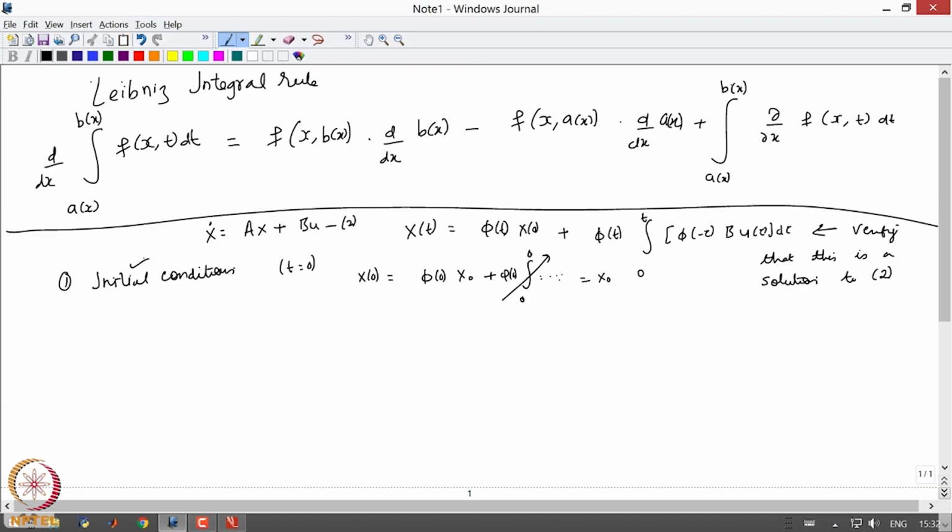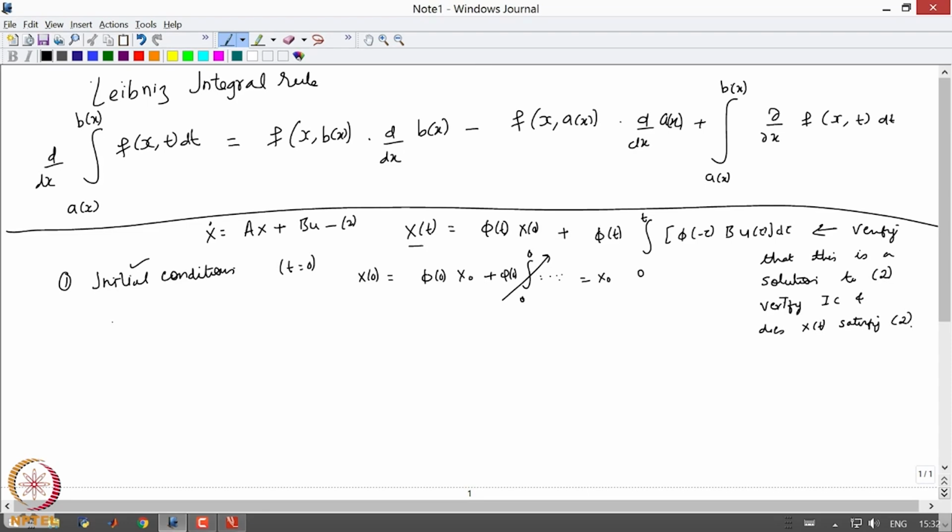Now the second thing: first is to verify the initial conditions, and second, does this x of t satisfy the differential equation 2? So I just differentiate this and put it back.